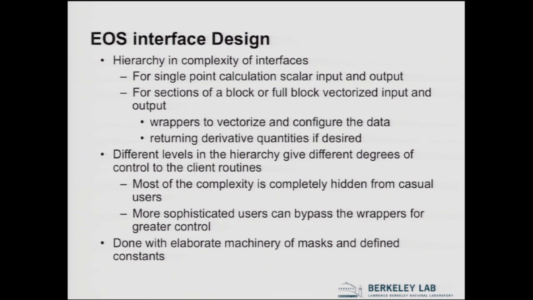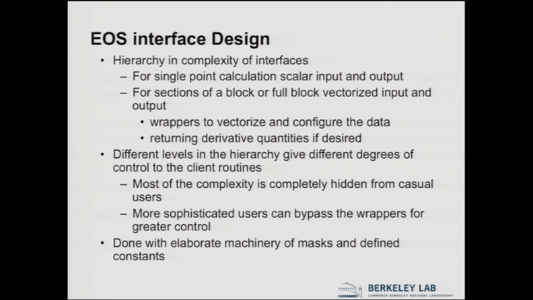Then there are times when you want the derivative quantities, but there are times when you do not want the derivative quantities. And if you want to provide each one of them individually, the argument list gets really long. So in the wrappers, we provided vectors with defined indices, which could be filled with the quantities that you want to send in as an input and then you want to get as an output, and a mask which tells you which of the derivative quantities are required and which are not necessary.